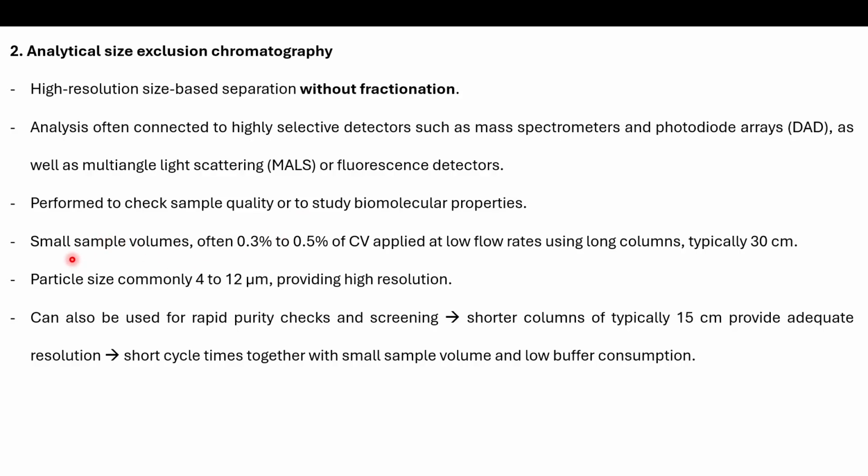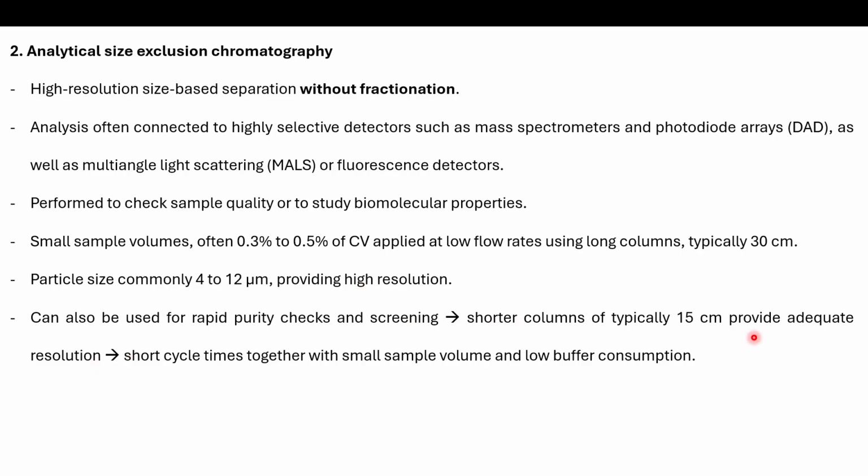Okay. And again, this also requires really small sample volumes, even smaller than the preparative one, which is 0.3% to 0.5% of the total column volume, the volume of the packed SEC resin, and the sample should be passed at low flow rates using long columns. Particle size is commonly in the range of 4 to 12 micrometers and provides high resolution, and it can also be used for rapid purity checks and screening.